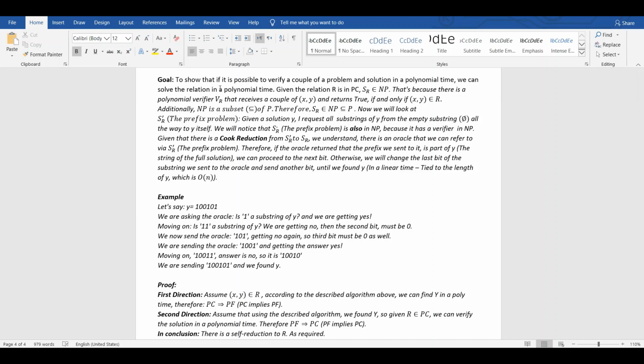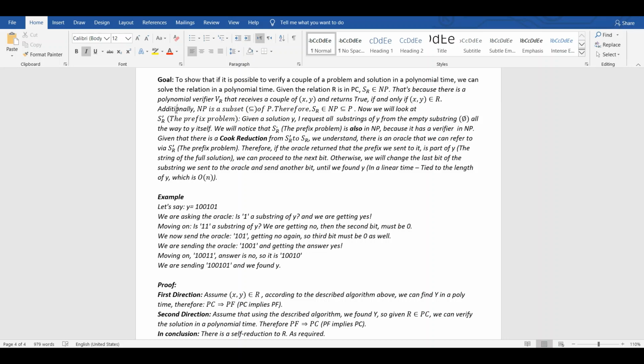That's because there is a polynomial verifier VR that receives a couple of x and y, problem and solution, and returns true if and only if x and y are indeed a couple of a problem and solution in R. Additionally, NP is a subset of P. Therefore, SR is in NP, which is a subset of P.